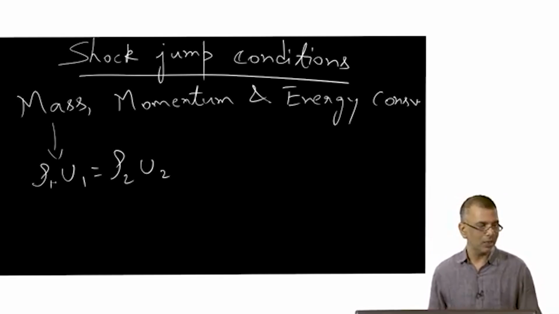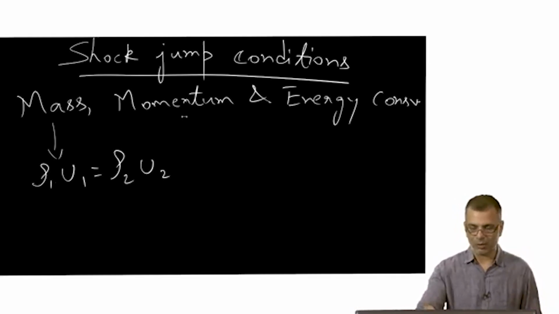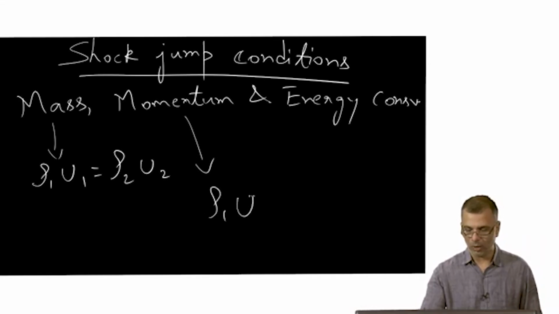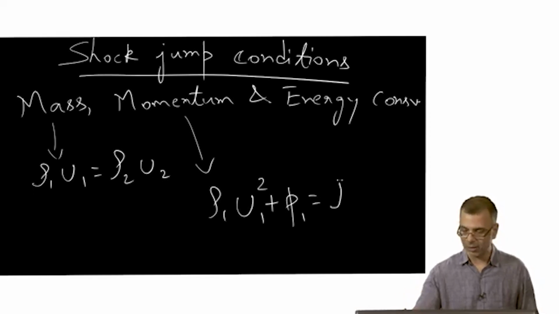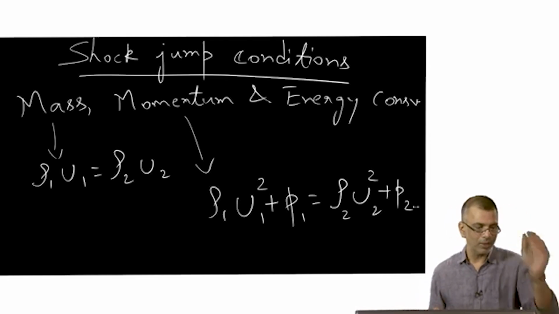And when we conserved momentum, we said rho 1 U1 squared plus P1 is equal to rho 2 U2 squared plus P2. I urge you to go back and look at this. This is how we did it, right?